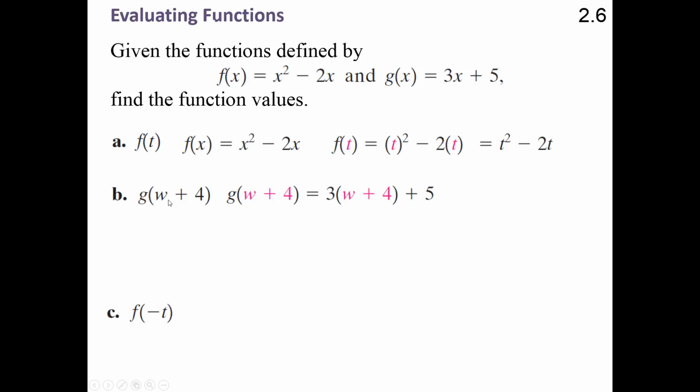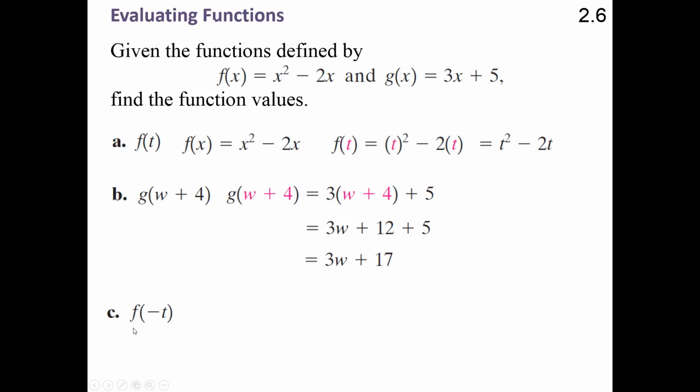Now to evaluate this is very straightforward. Just use the distributive property and get 3w plus 12, then we add these and get 3w plus 17. So g of w plus 4 is this expression.